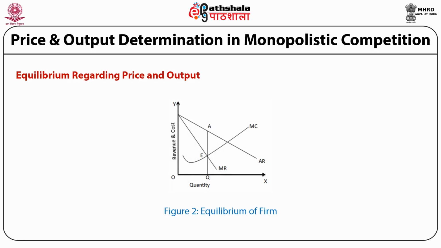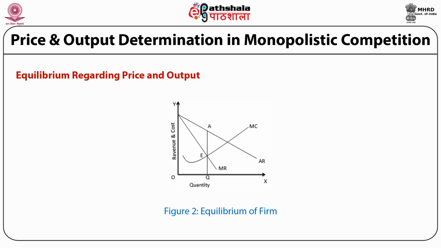As we have seen, figure 2 shows the conditions of equilibrium. Both conditions are fulfilled at point E. So, a profit maximizing firm under monopolistic competition will produce OQ quantity of output and charge AQ price.